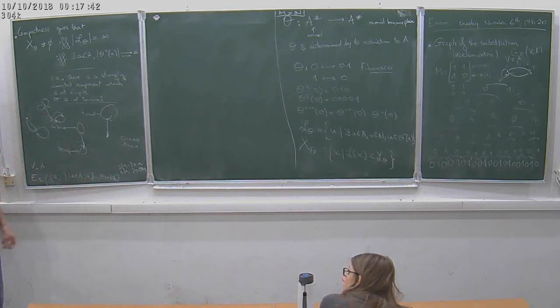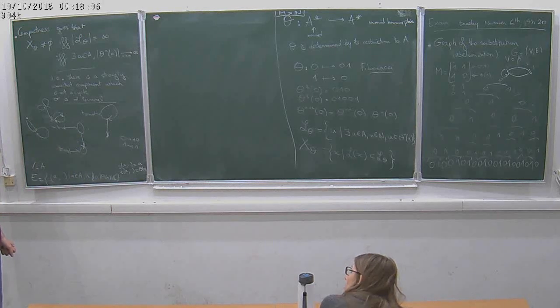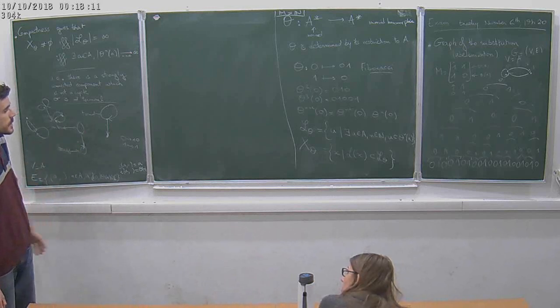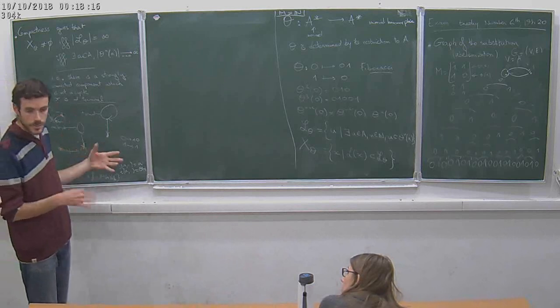It's not as clear as in the SFT case, for the reason that we forgot about these labels, the i, but it makes a big difference. It's very important to remember the order of the things. So you lose a lot of information by going to the graph. It helps to do some things.